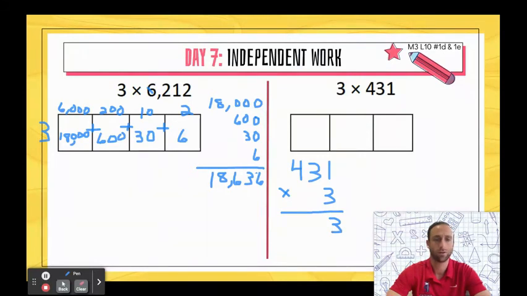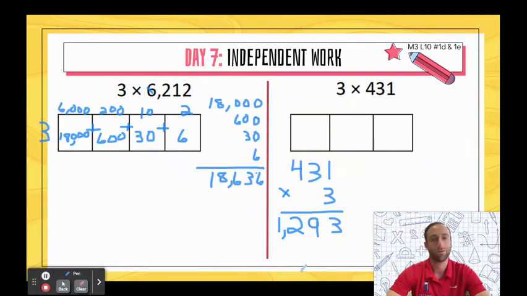No need to regroup. 3 times 3 is 9. No need to regroup again because it's less than 10. And lastly, 3 times 4 is 12. Since it's our last multiplication fact within the problem, I'm just going to write out 12. 1, 2, 3, comma.